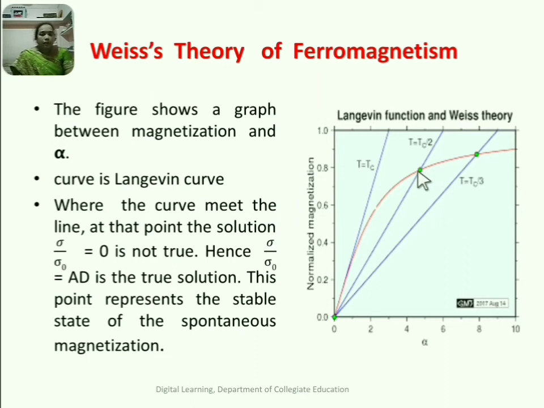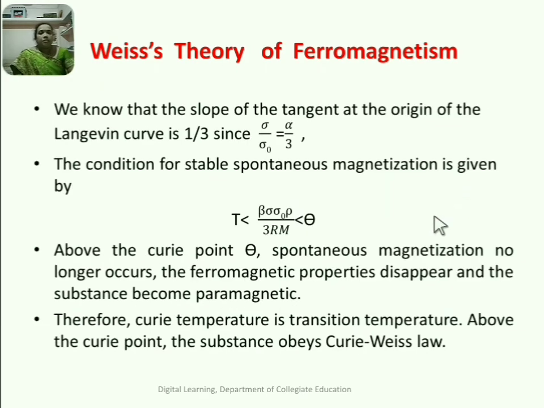Hence, the non-zero sigma by sigma naught is the true solution. This point represents the stable state of the spontaneous magnetization.